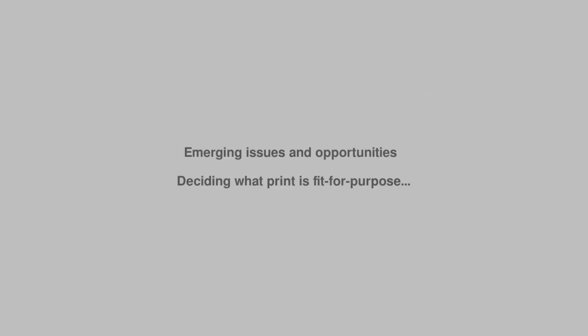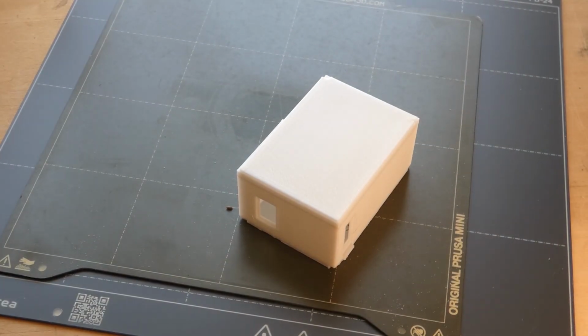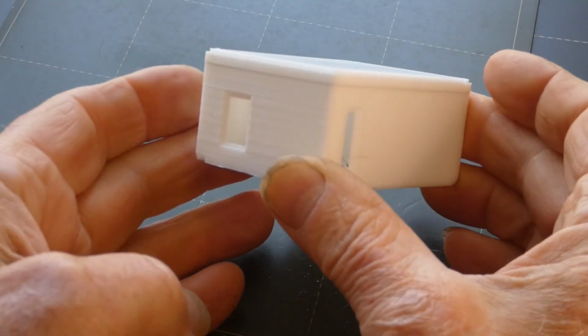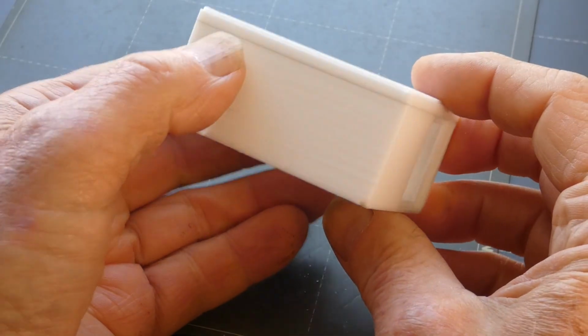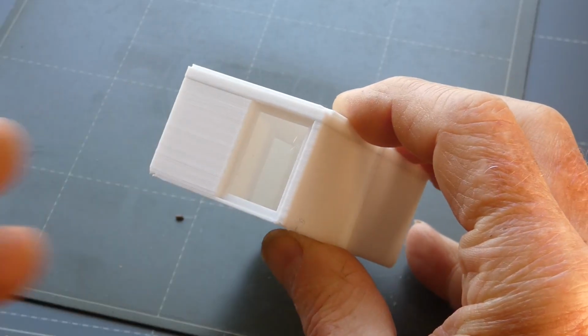Here are the emerging challenges and opportunities as I see it. Choosing what to print to communicate relevant information. Well, let's use that 4-room test model. If it's printed about 50 millimeters wide in a light color, someone with good eyes can see inside, and it's still possible to see the window frames.